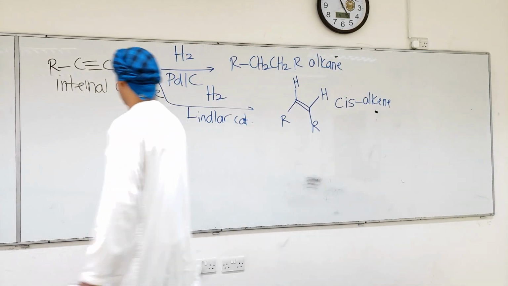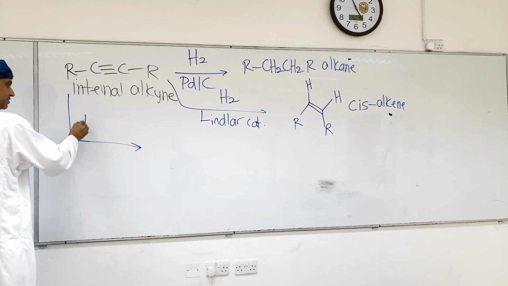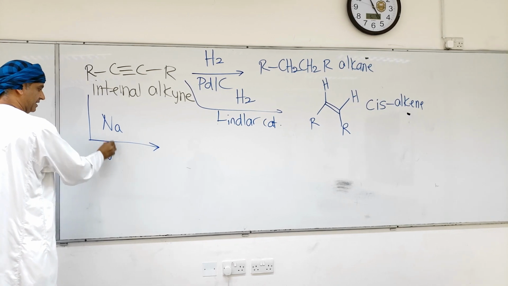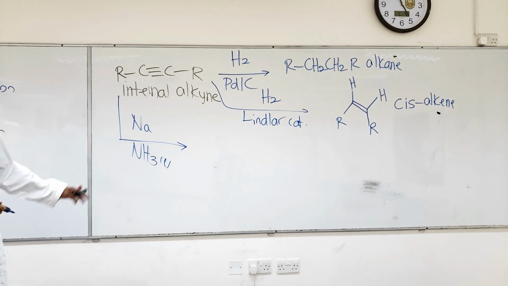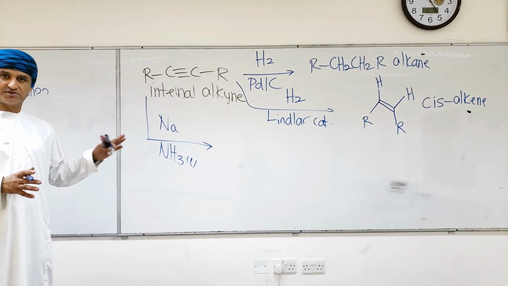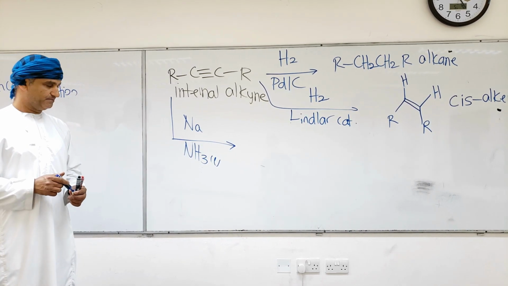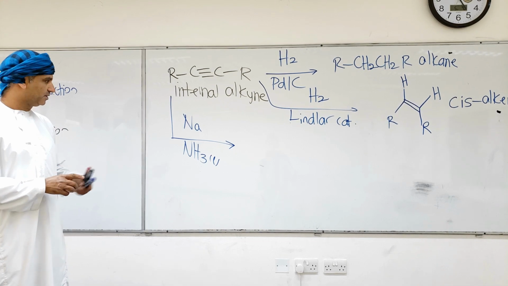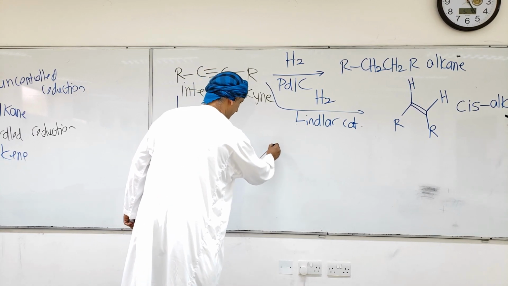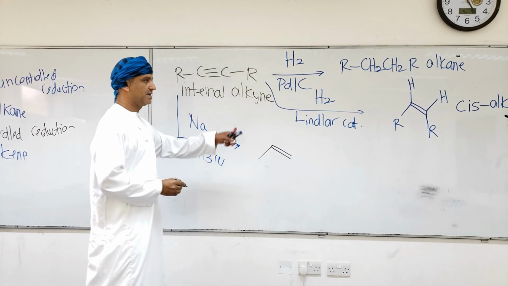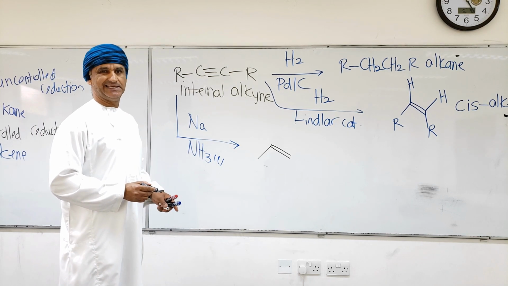If the internal alkyne is instead treated with lithium or sodium, for example, in liquid ammonia, the dissolved electron method, then again the alkene is obtained. This is the controlled reduction, as we learned before when we talked about the reduction of terminal alkynes. But the alkene is produced in a complementary fashion to the method which employs hydrogen and Lindlar's catalyst, where a cis alkene is produced.